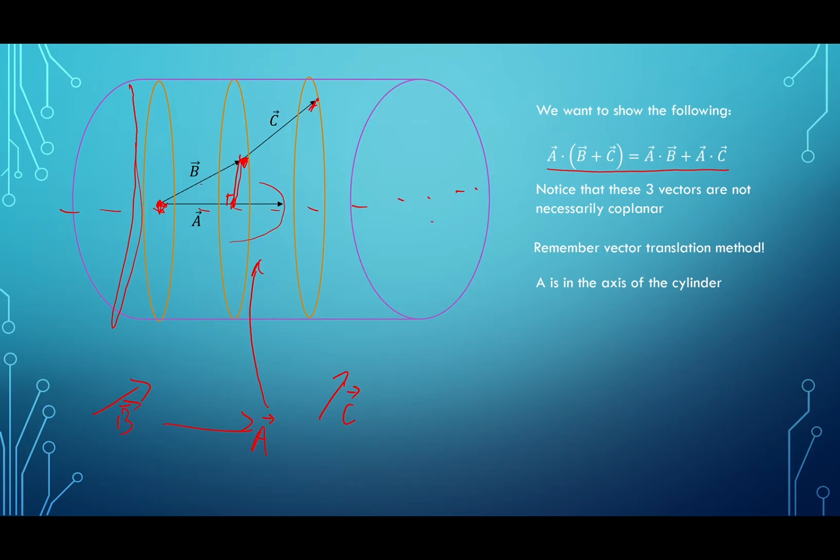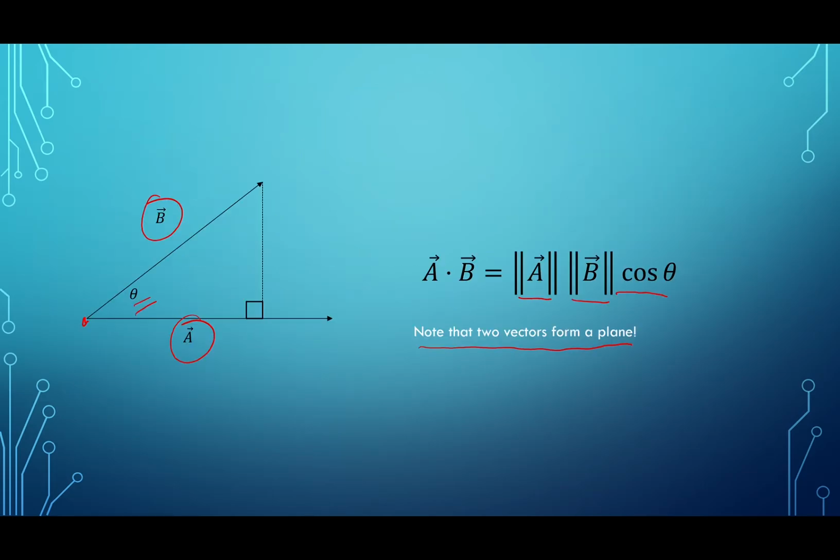So by the definition of the dot product, we get this length as the projection of B onto A. If we consider the previous definition, and take B cosine theta first, what is the meaning geometrically?